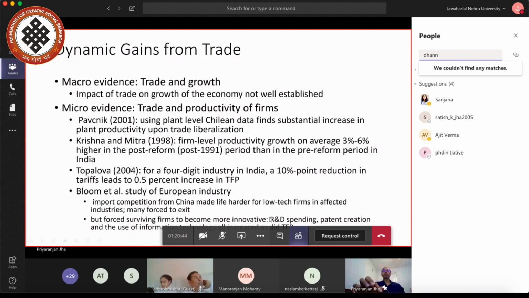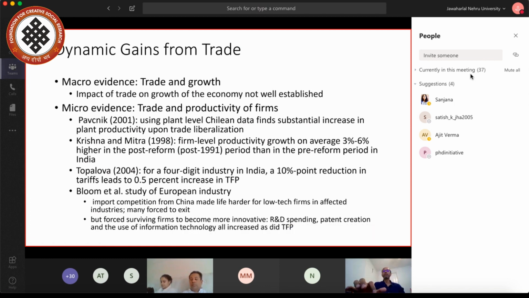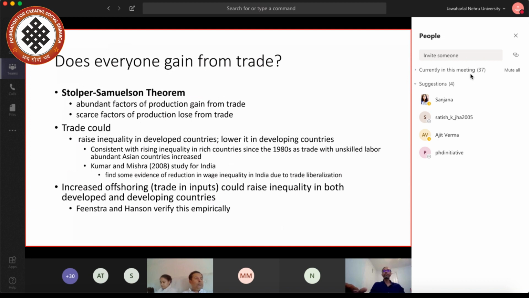But the firms that survive engage in more innovative activities. They become more innovative. They spend more on R&D, patent creation, and so on, and information technology, and that leads to an increase in productivity. So more competition with China is inducing these firms to become more innovative and thereby increase their productivity.